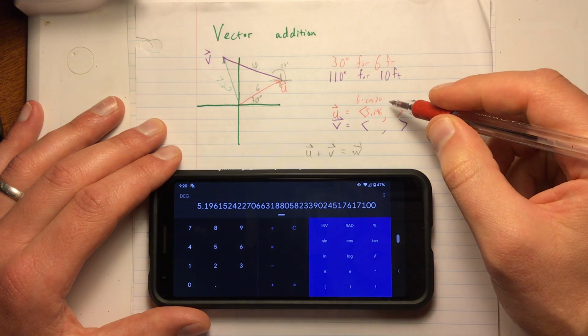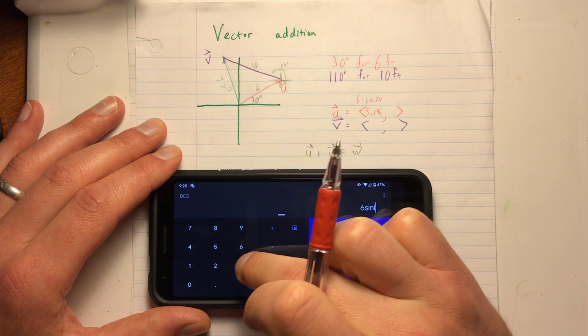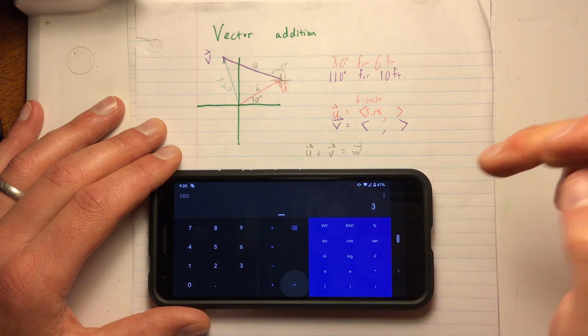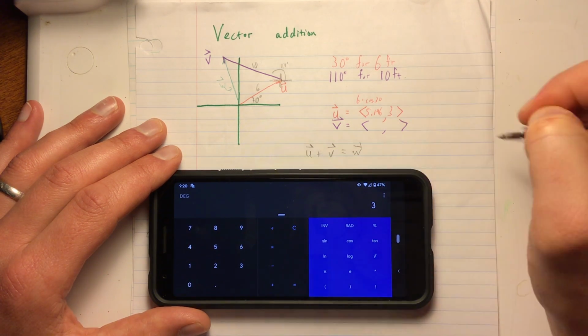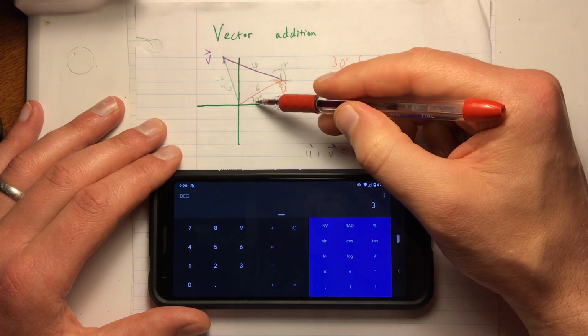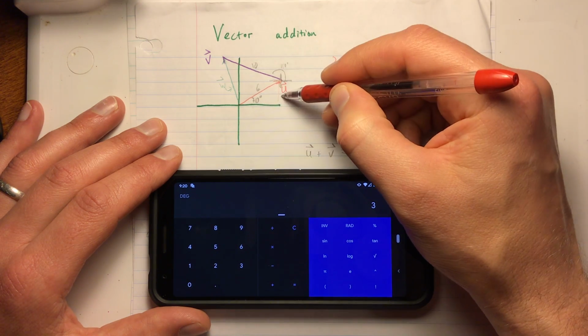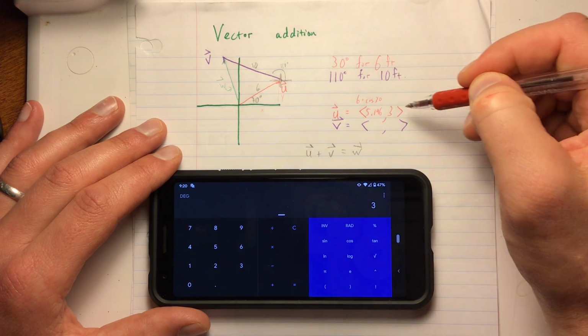And then find the other side. 6 times the sine of 30. Just 3. Oh yeah, of course, it's a 30, 60, 90, isn't it? 30 degrees, so that means it's going to be half as much. Good. Okay, so there's the y component, there's the x component.